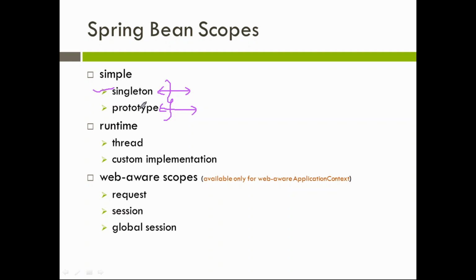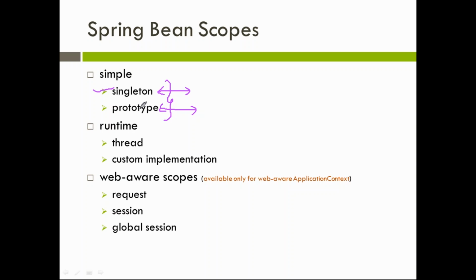The moment you access it, I want to construct a new object and give it to me, then it's called prototype bean scope. It is exactly opposite to singleton. Singleton will make sure it maintains only one object across your application, whereas prototype, for each bean request, will construct a new bean object and share it to the caller. That is called prototype.